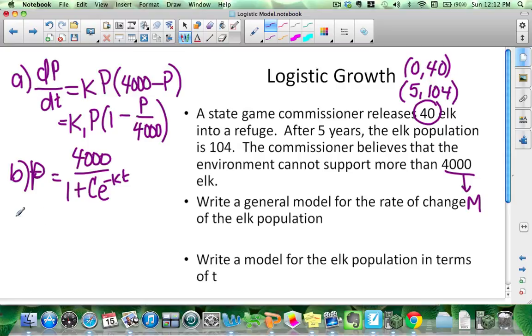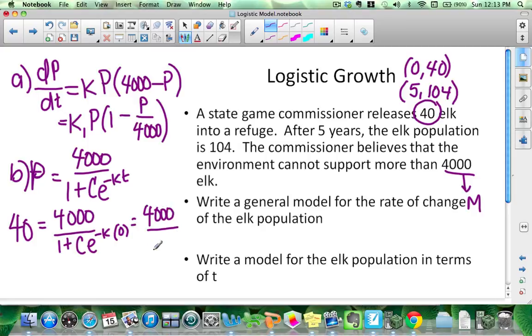So I'm going to be able to solve for both of those. I'm going to use my initial condition first, and I'm going to do 40 is equal to 4,000 over 1 plus Ce to the negative k times t is 0. Okay, so this gives me 4,000 over 1 plus C, since e to the 0 is 1.